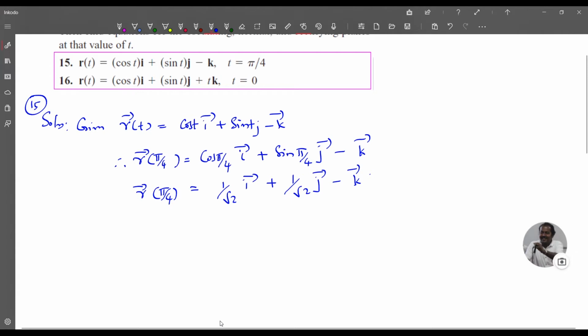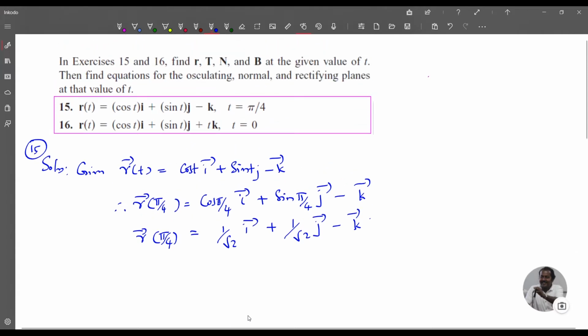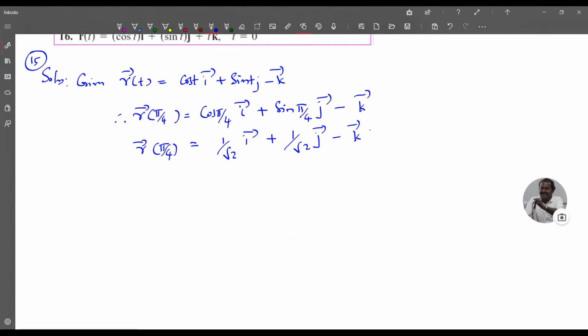Now we have to find t, n and b at t equal to pi by 4.